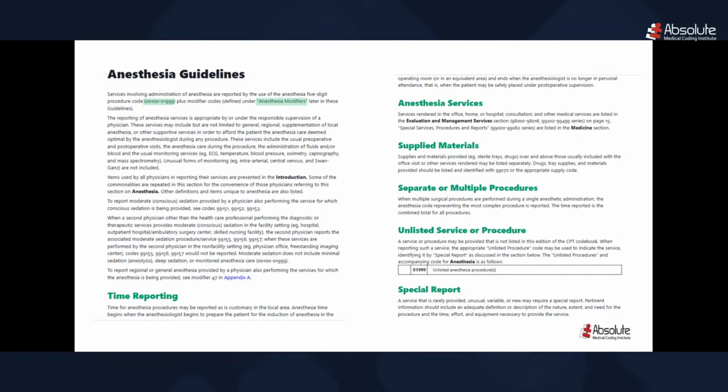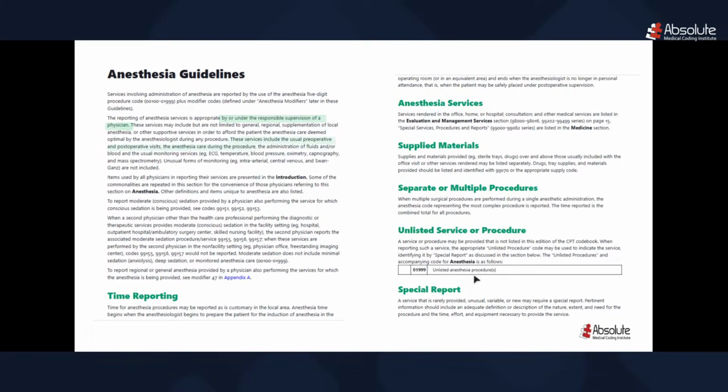Sometimes you must use the correct anesthesia modifiers along with them, such as AA, QK, QX, or a physical status modifier, which ranges from P1 through P6. These modifiers tell the payer who provided the anesthesia as well as the condition of the patient. And anesthesia services must be personally performed by the anesthesiologist or provided under the supervision of a physician.